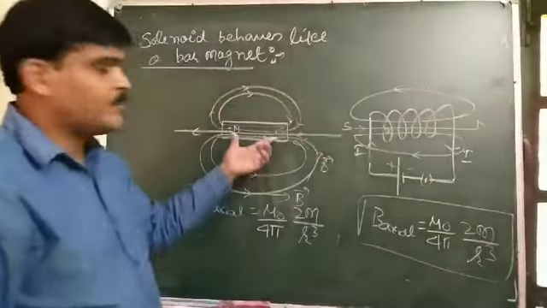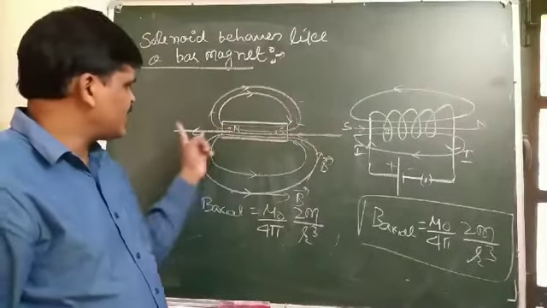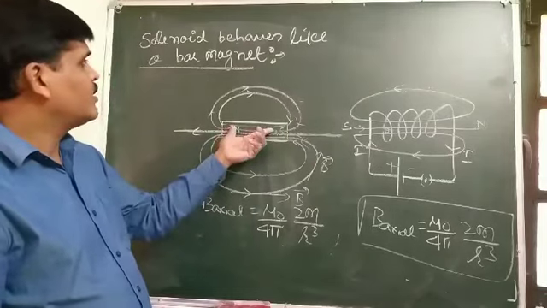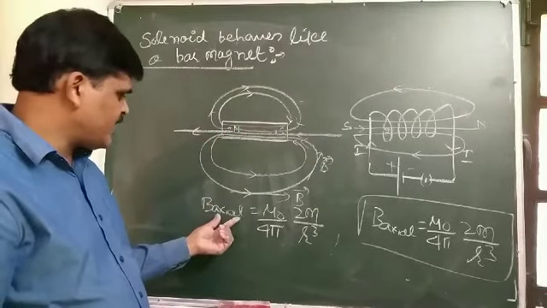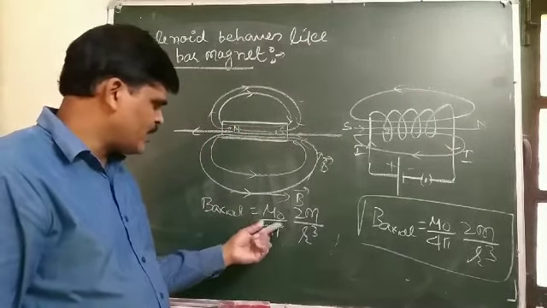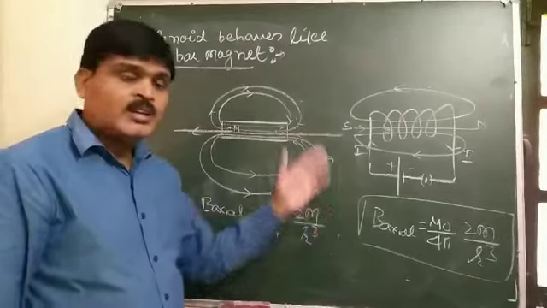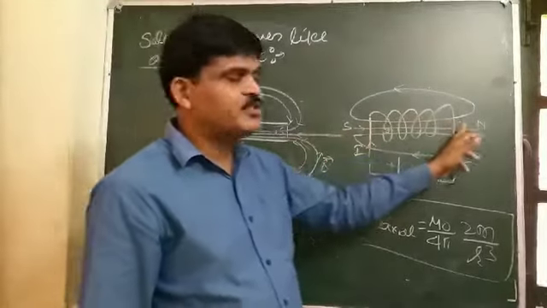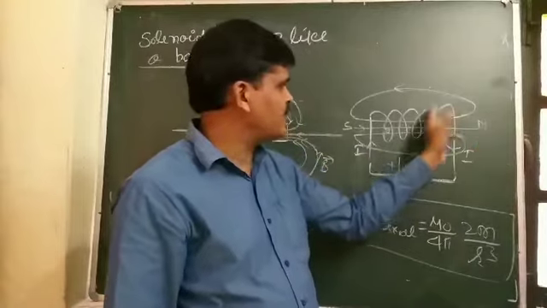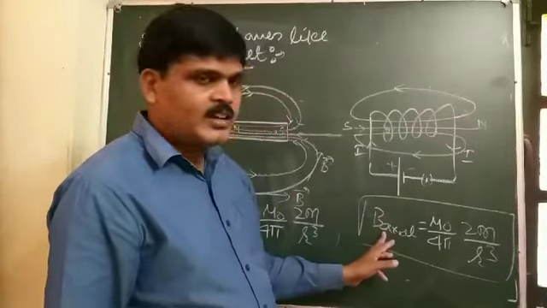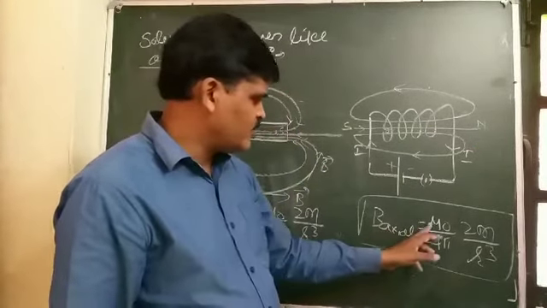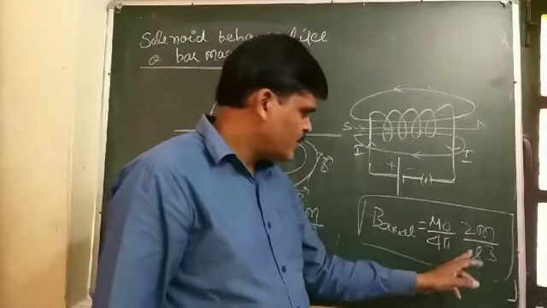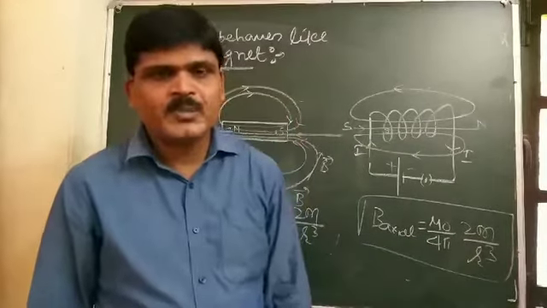So the magnetic field produced on the axis of a bar magnet, B axial, is mu naught by 4 pi 2m by r cube, and the same magnetic field is obtained on the axis of a current carrying solenoid: B axial equals mu naught by 4 pi 2m by r cube.